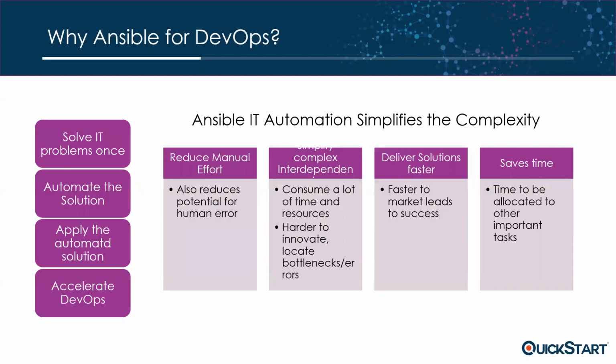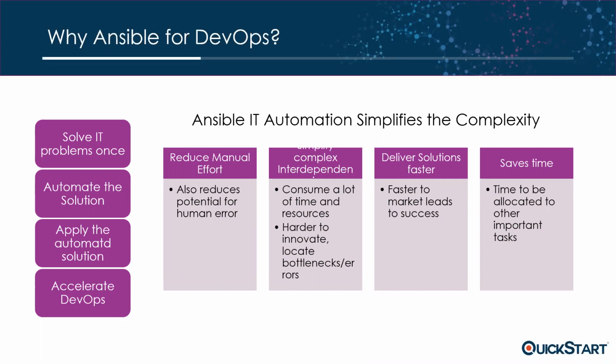So why are we using Ansible for DevOps? You could imagine, right, that repetitive tasks that have to be configured every time are just huge time and money wasters. So with Ansible, IT problems are solved one time, and then that solution is automated.